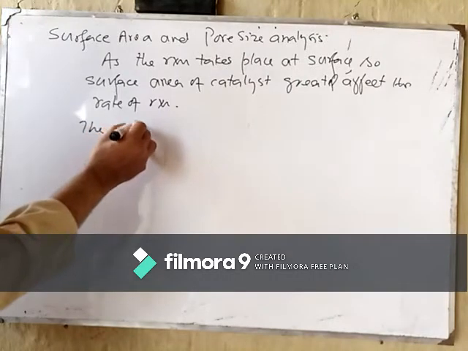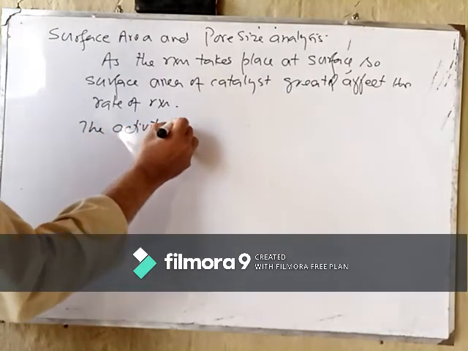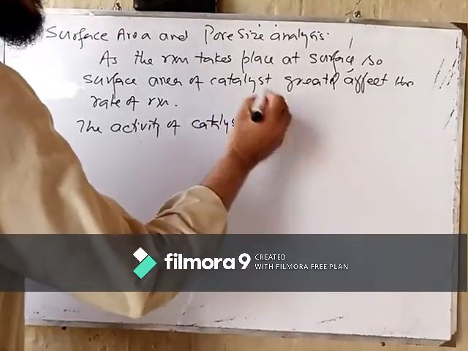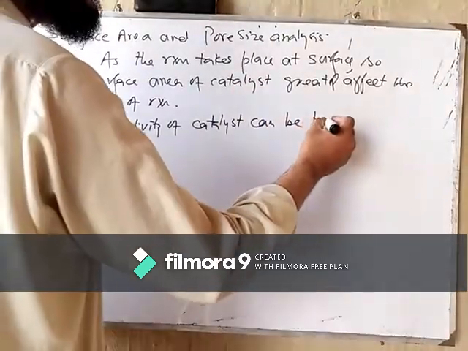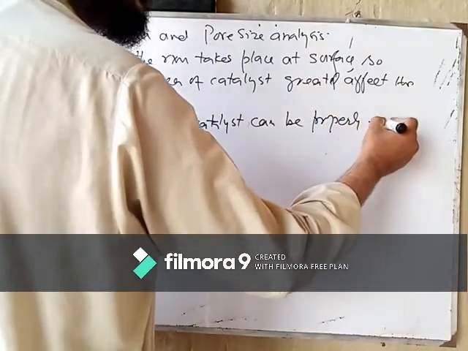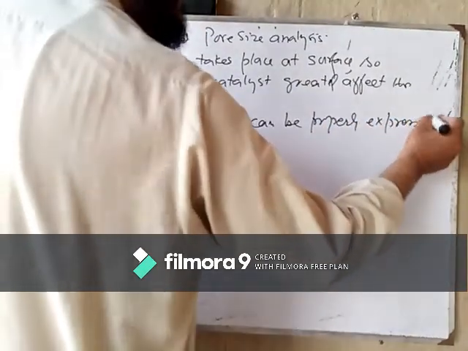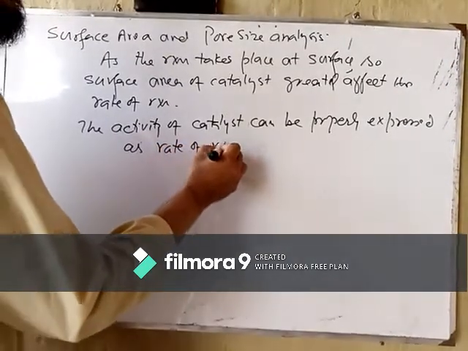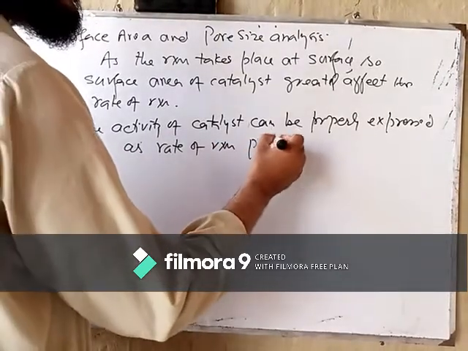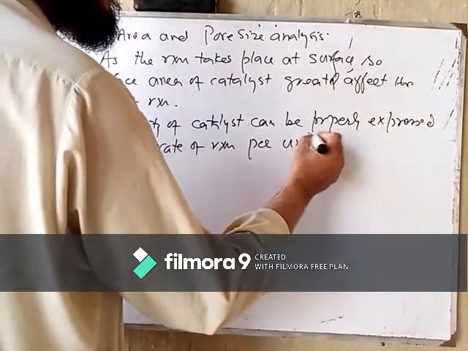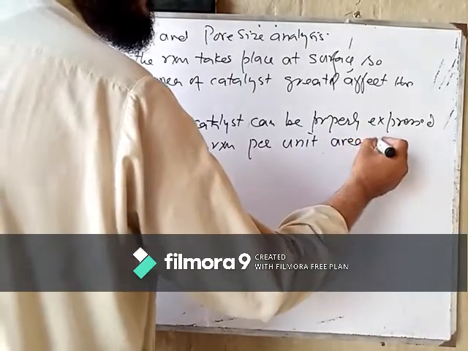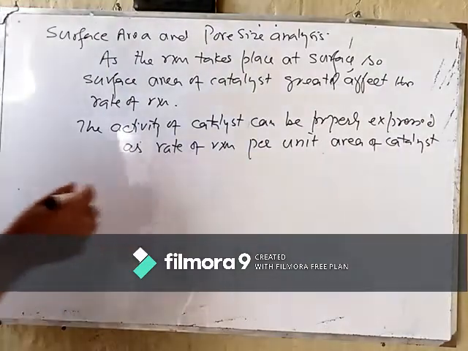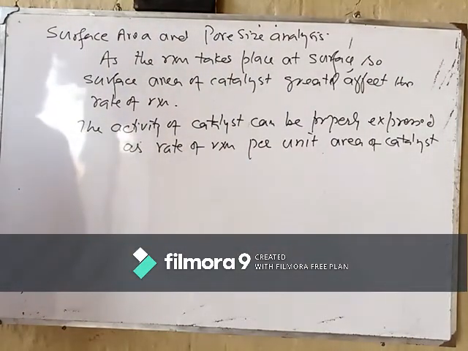The activity of catalyst can be properly expressed as rate of reactions per unit area of the catalyst. So in this way, the activity of different catalysts can be compared.